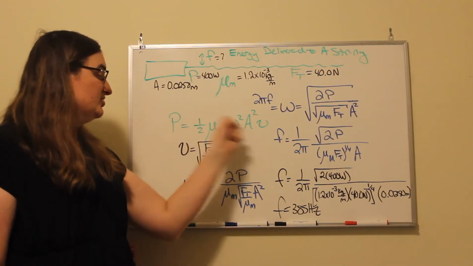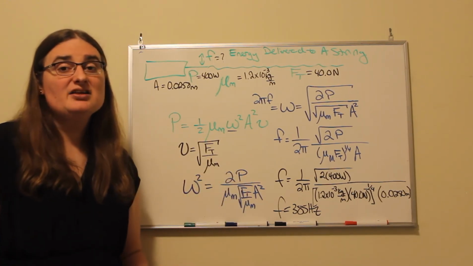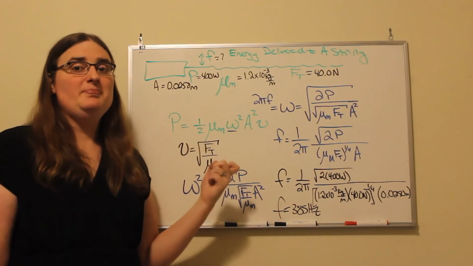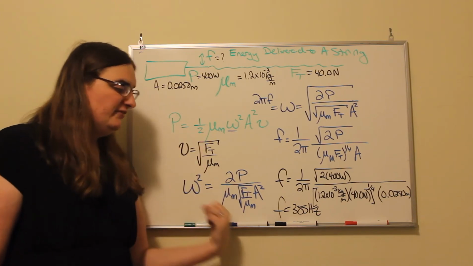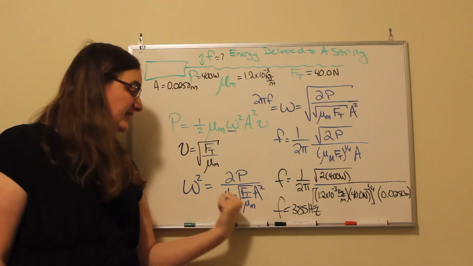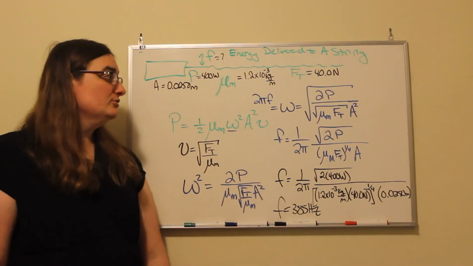So if I want to solve for my frequency, I can start by solving for my angular frequency omega. And omega squared is going to be 2 times the power divided by the linear mass density divided by the speed, which is the square root of the tension over the linear mass density. So I could combine those two together, divided by the amplitude squared.